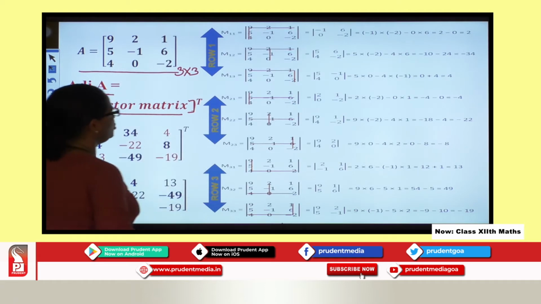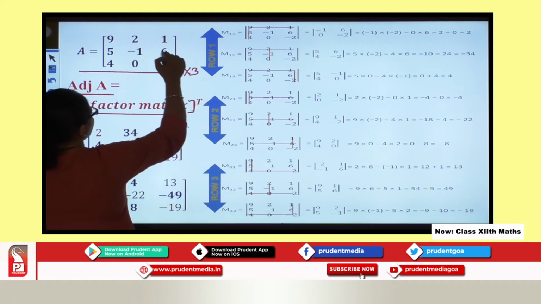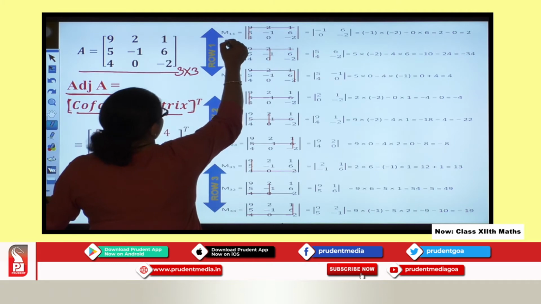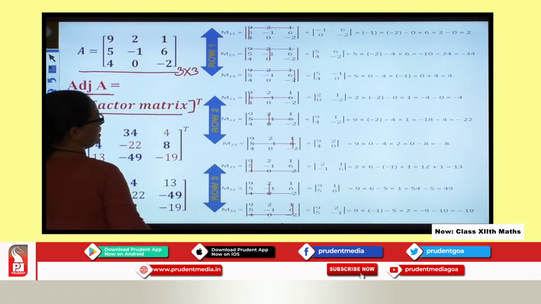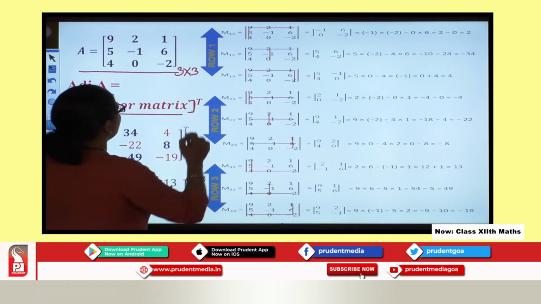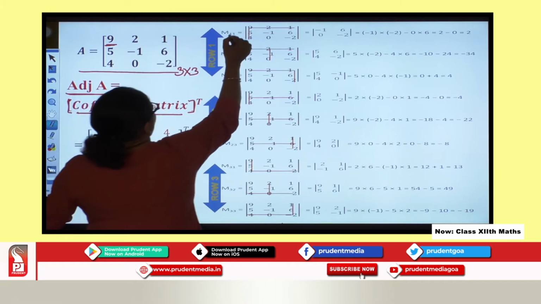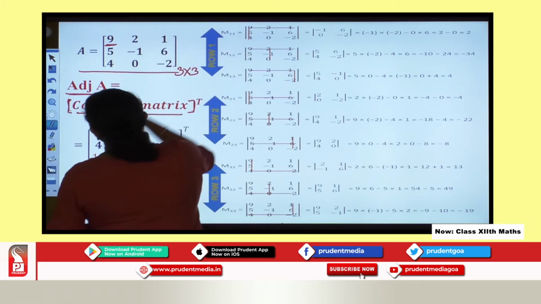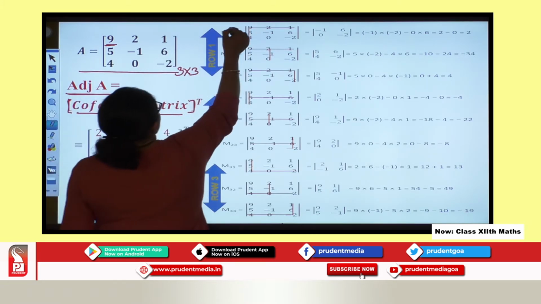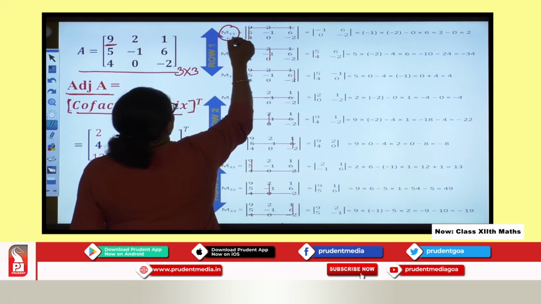Okay, so I told you all, since there are 9 elements, you will have 9 minors. So you can see there are altogether 9 minors mentioned. Now look at it. I am talking about the first element. So you can see M11, the first element.